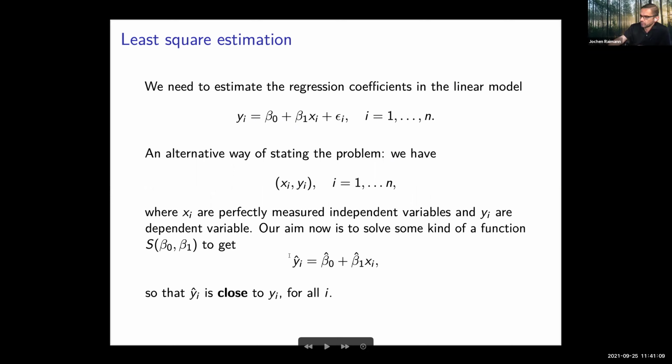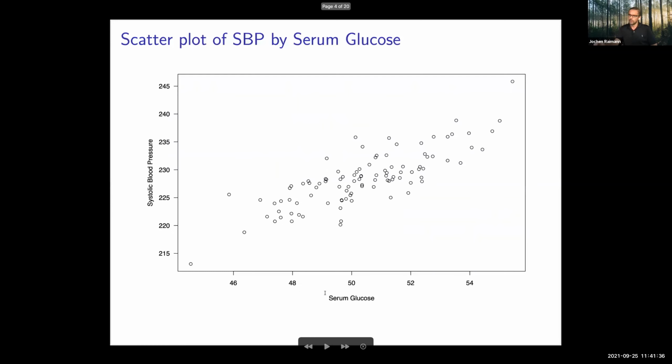In essence, to come to a modeled yi as a function of a modeled beta 0 and a modeled beta 1 that essentially allows for xi to predict yi hat. So the idea here is really that yi hat is as close as possible to yi for all the existing entries i.